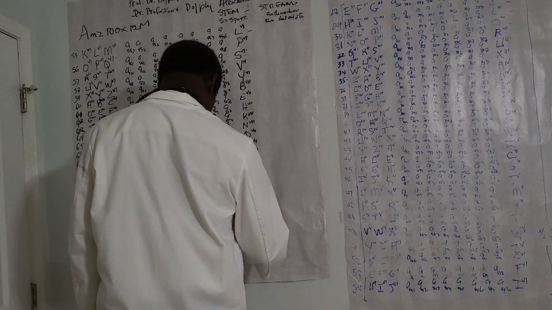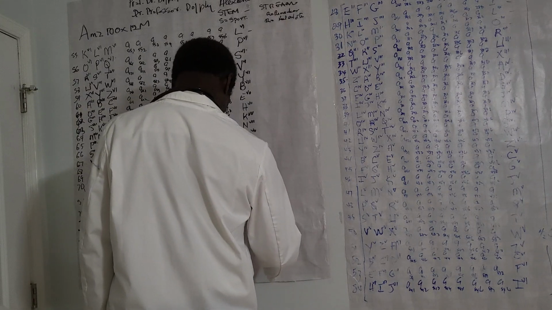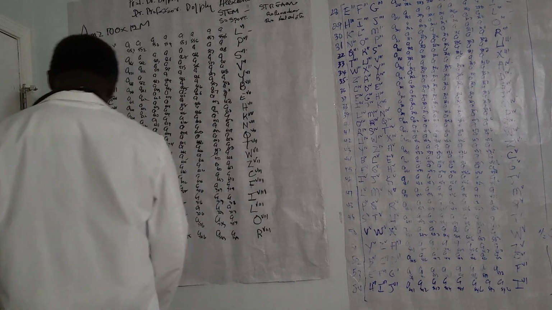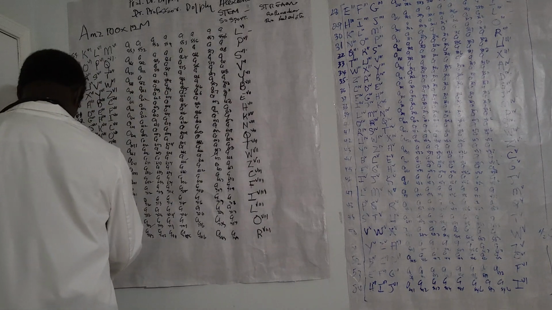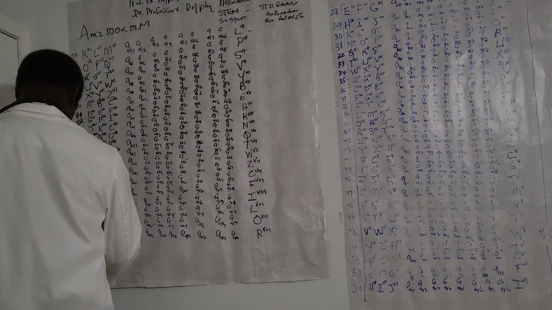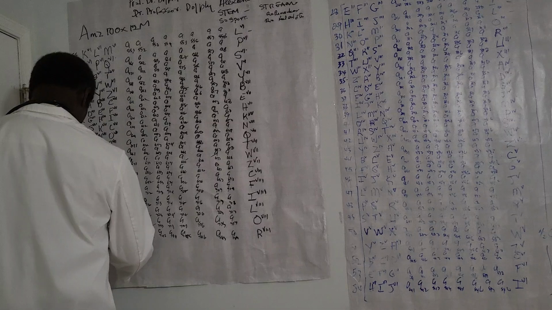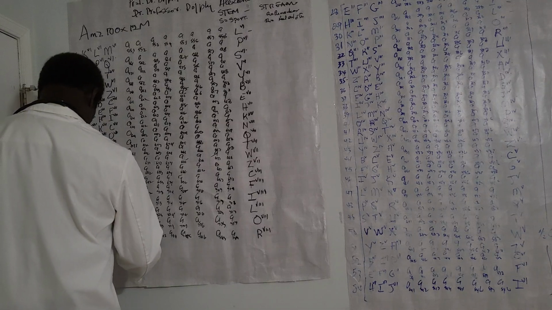And this we have now R, V3I. 75. T, U, V, V3I, V3I, V3I.